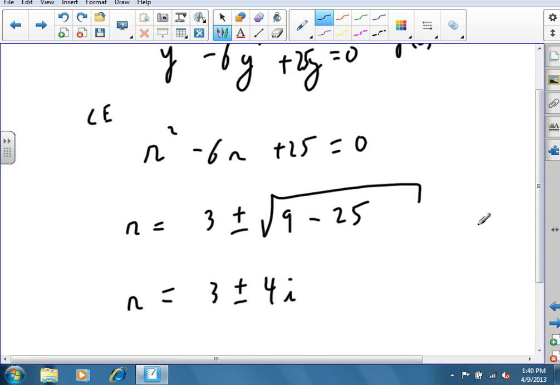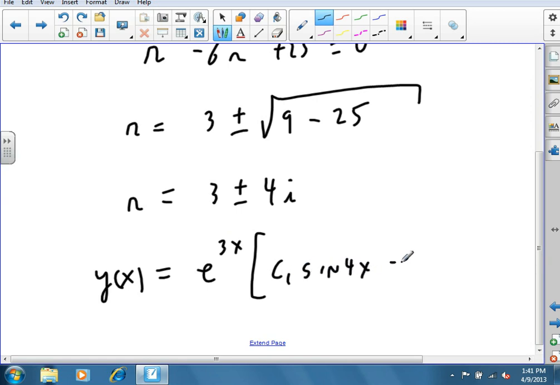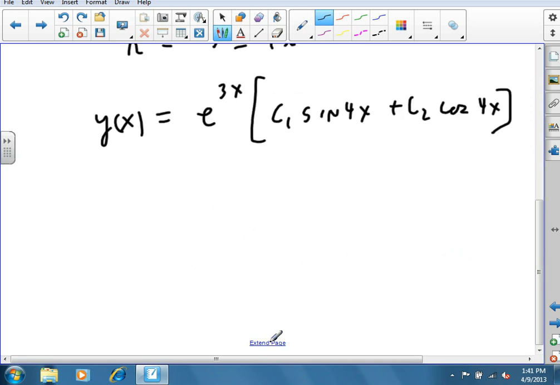Alright, that being the case, y of x is going to be e to the 3x (c1 sine 4x plus c2 cosine 4x). And we'll apply the initial conditions. y at 0 is supposed to be 0.